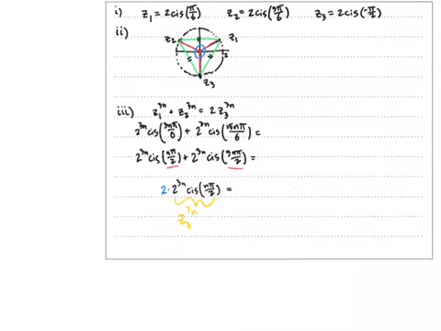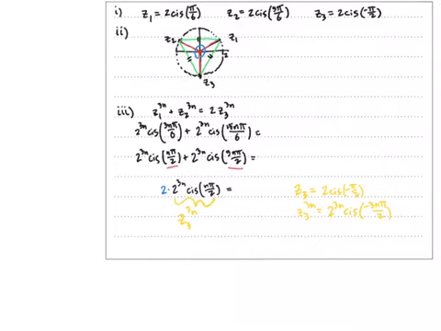So Z3 was equal to 2 cis negative pi over 2. So Z3 to the 3n would equal 2 to the 3n cis negative 3n pi over 2.